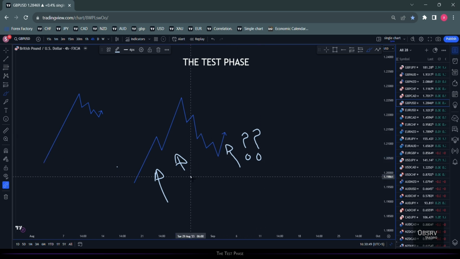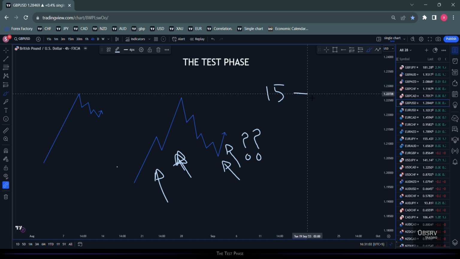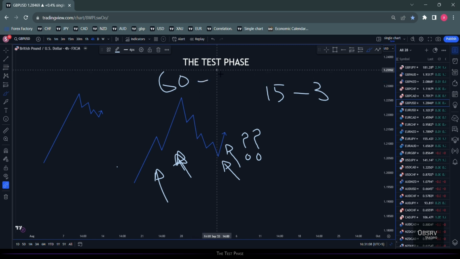Once my 60 minutes buyer is back along with the 15 minutes buyer where I'm reading my pullbacks, I start to treat it as a 15 minutes, 3 minutes trade instead of a 60 minutes, 15 minutes trade.